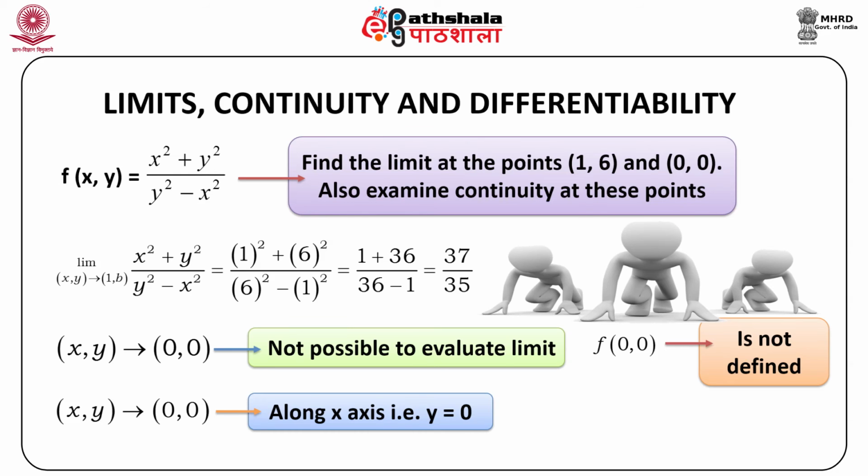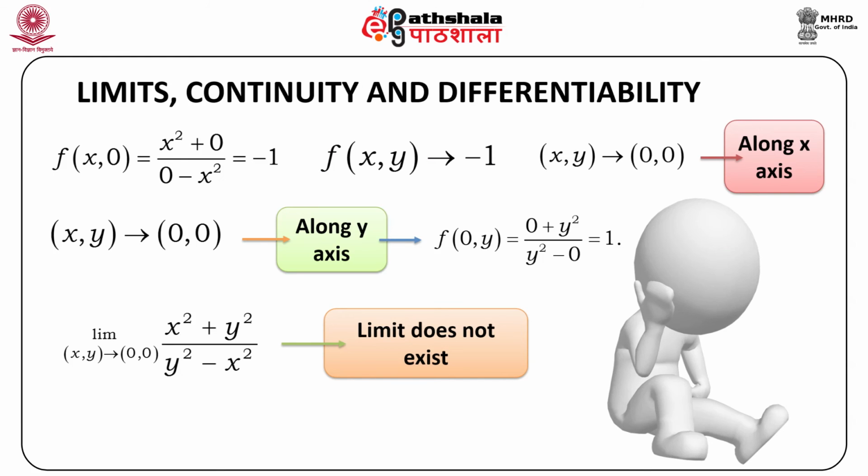So limits are evaluated separately along the x and y axis. As (x,y) tends to (0,0) along the x-axis, that is y equal to 0, f(x,0) is equal to (x square plus 0) upon (0 minus x square), which is equal to minus 1.